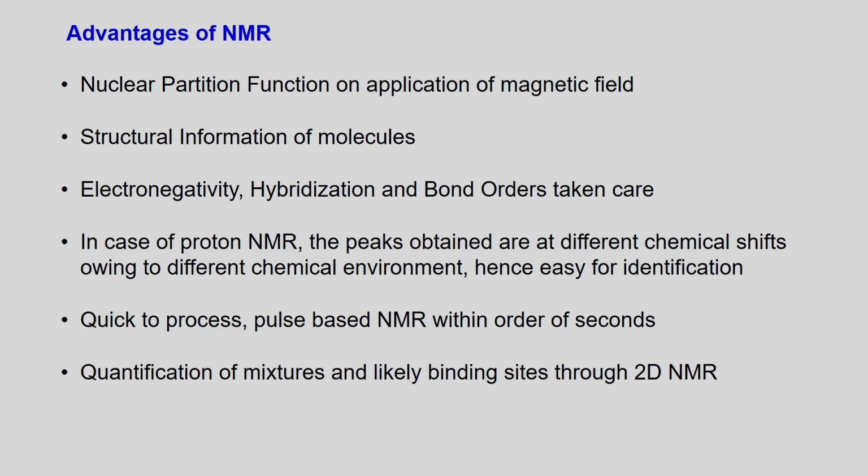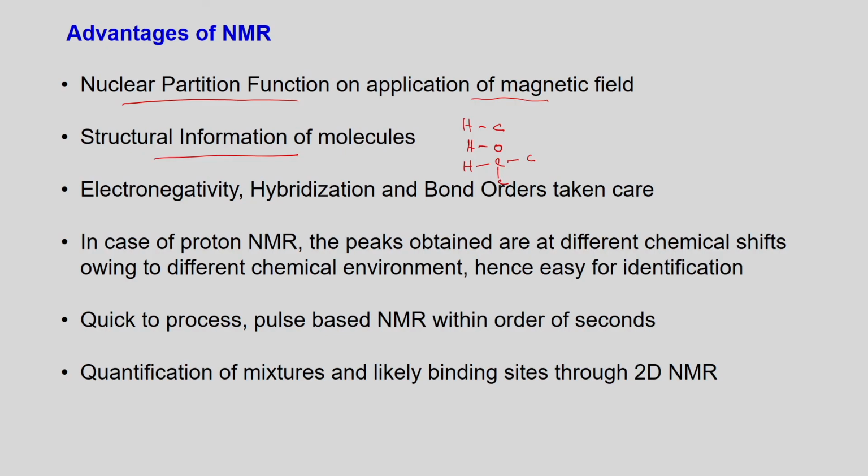So, overall in a nutshell, let us see what we have learned so far in the case of NMR. The advantage of NMR is that it is based on the nuclear partition function, that is, on the application of a magnetic field. It gives structural information of molecules, because hydrogen can be connected to carbon, to oxygen, or to some other branched compounds or other elements.